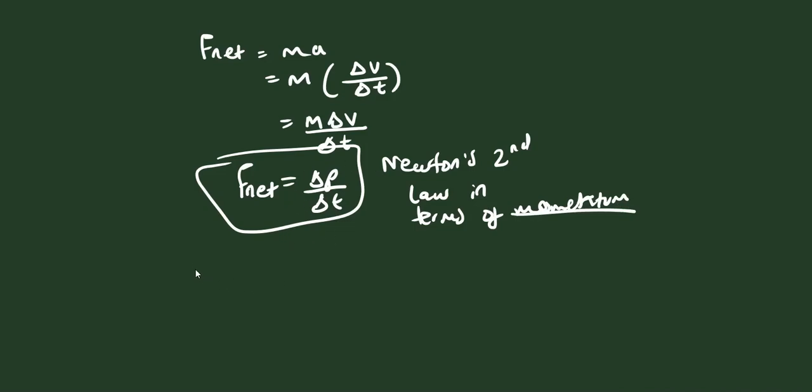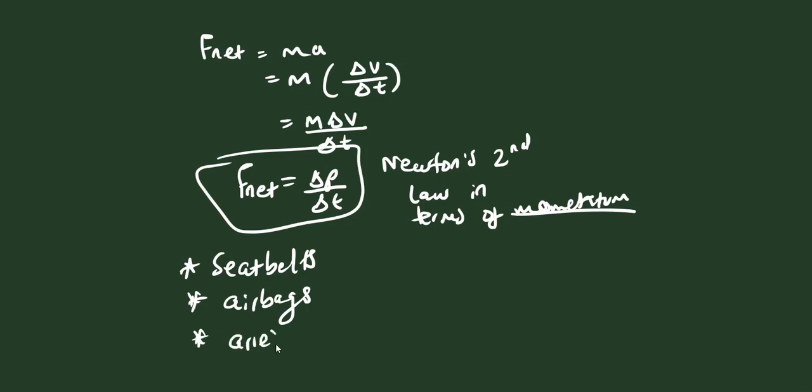It is used to explain the importance of seat belts, airbags, arrestor beds, and why we lower our legs when we jump.